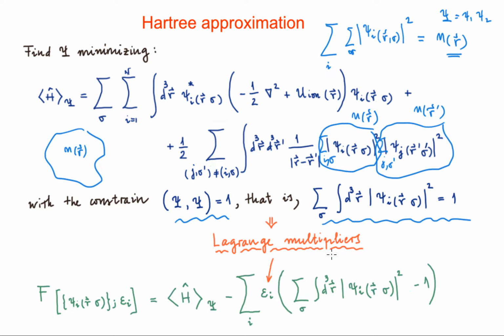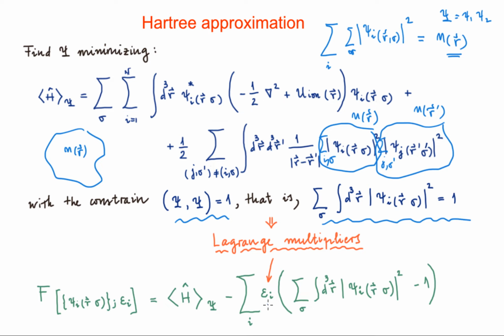Of course, we do not have just one Lagrange multiplier. We have as many as electrons in the system. We have n Lagrange multipliers because we need to fulfill n normalization conditions corresponding to the wave function of each electronic state.